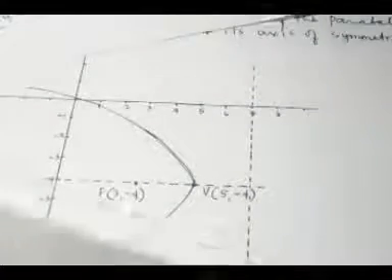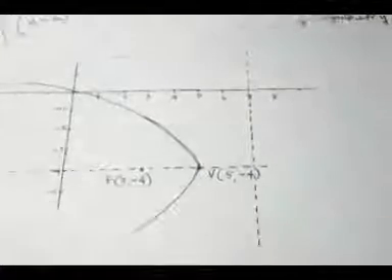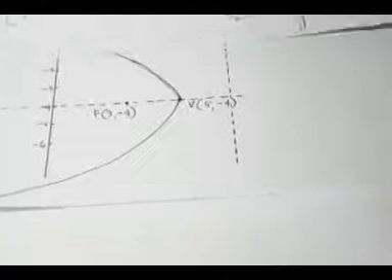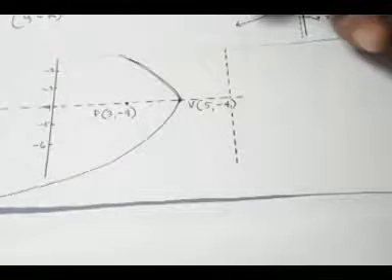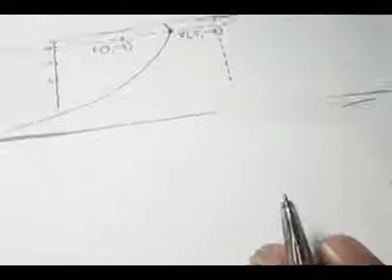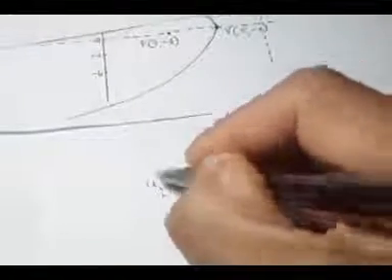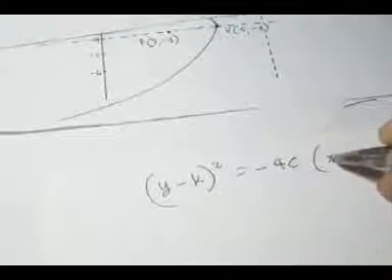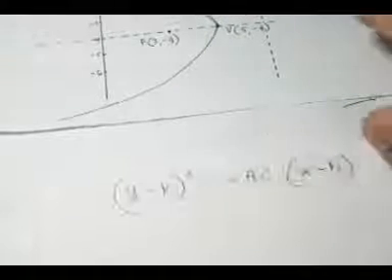So this time our parabola no longer has its vertex at the origin. We will use this equation: (y minus k) squared equals negative 4c times (x minus h).